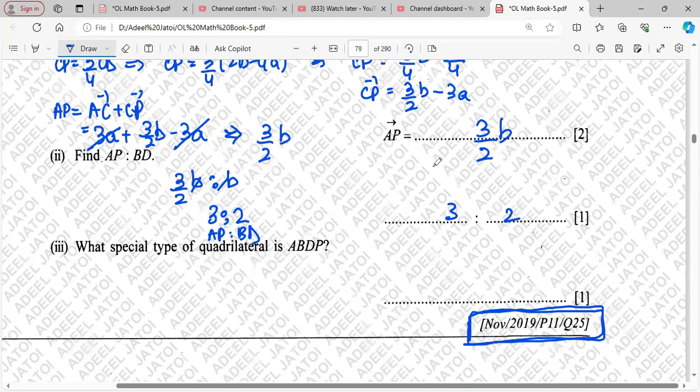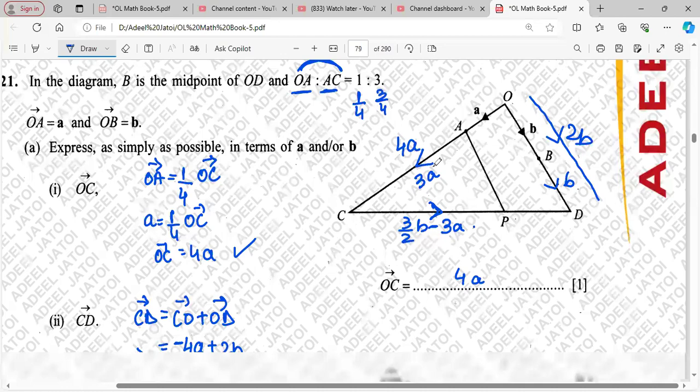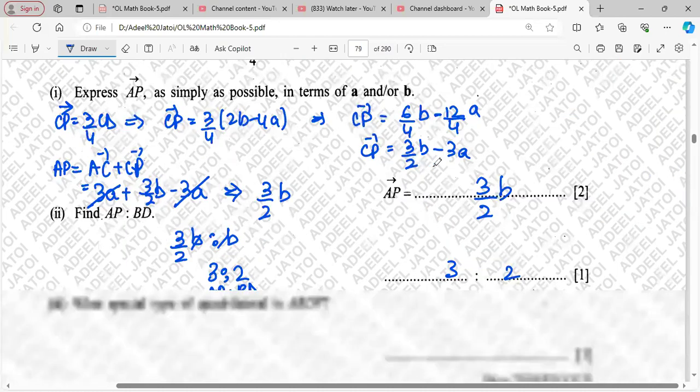What special type of quadrilateral is ABDP? A, B, D, and P. We can directly say this is a trapezium. Why?